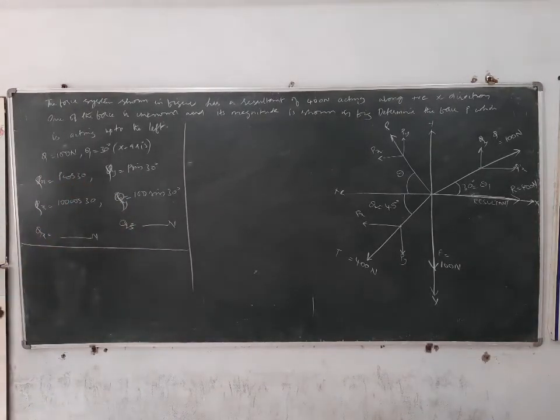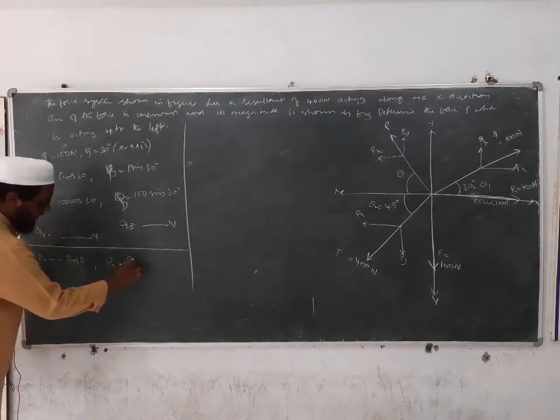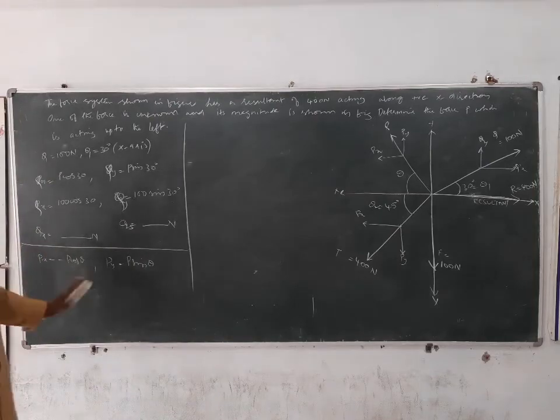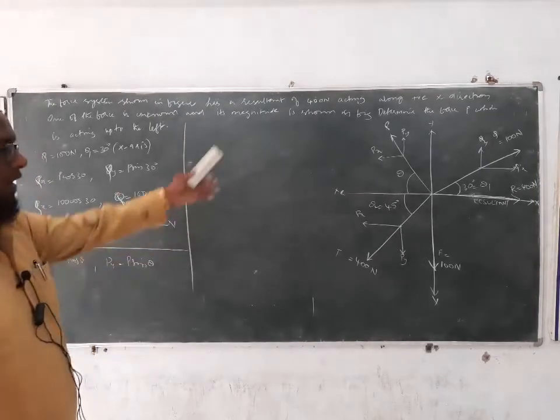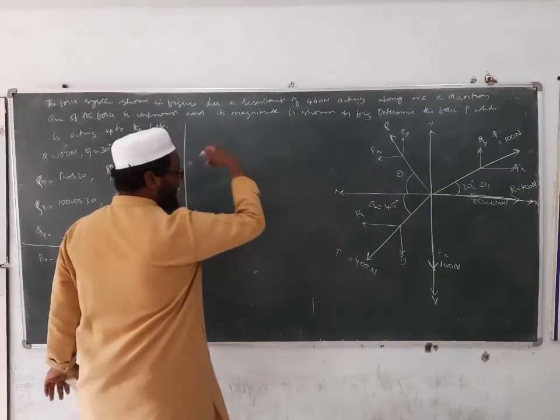Now we will go for P. Px is equal to minus P cos theta, and Py is equal to P sin theta. This is what we know. We don't know anything further, because theta is also unknown and P is also not known to us.